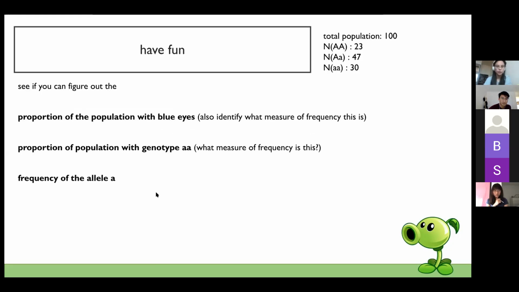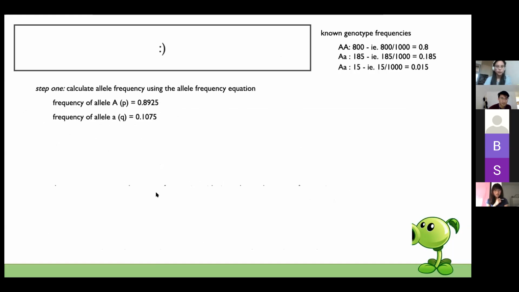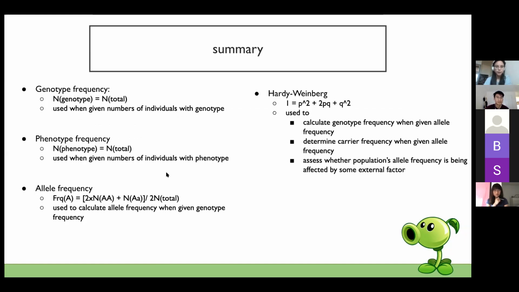If I go down to this one, you can see the allele frequency equation is used to calculate allele frequency when you're given the genotype frequency. Whereas the Hardy-Weinberg equation is the opposite: you use it to calculate genotype frequency when you're given an allele frequency. Is it because they can arrange differently, so it's to the power of 2?